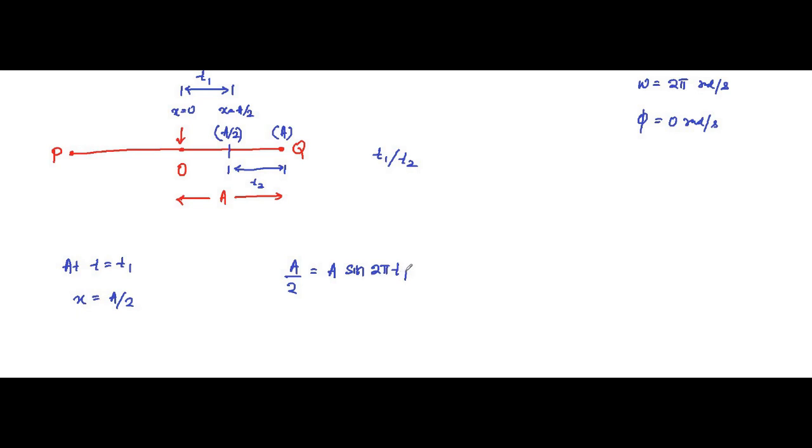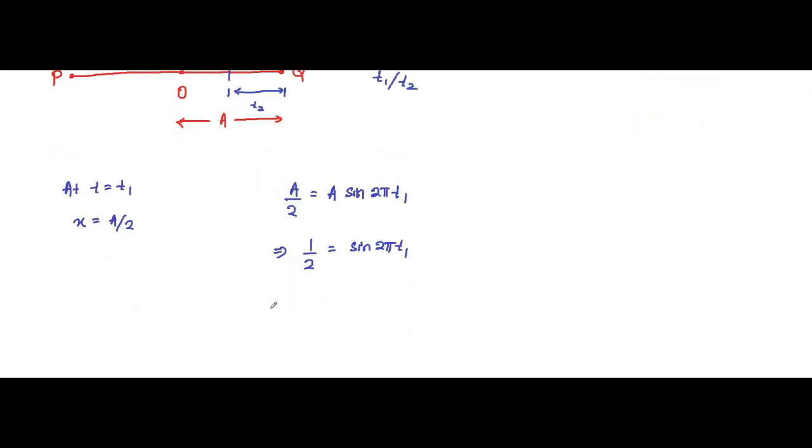Bringing A to this side, 1 by 2 is equal to sine 2 pi t1. In order to equate LHS with RHS, we have to come up with a function whose value is equal to 1 by 2. So sine 30 degrees, in terms of radians, is sine pi by 6. So in place of 1 by 2 I am writing sine pi by 6, because sine pi by 6 is 1 by 2.